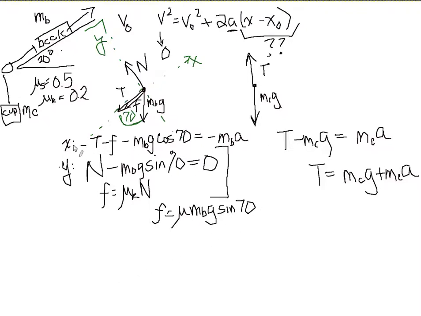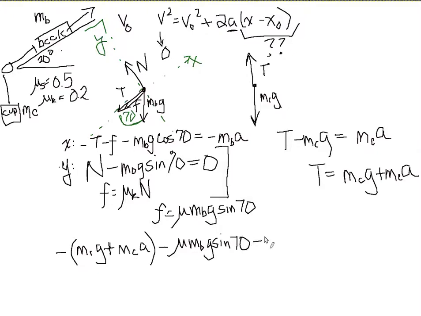So I have minus tension, m sub cg plus m sub c a, minus mu m sub bg sine 70, minus m sub b g cosine 70, equals minus m sub b a. There I have an equation I can solve for the acceleration.